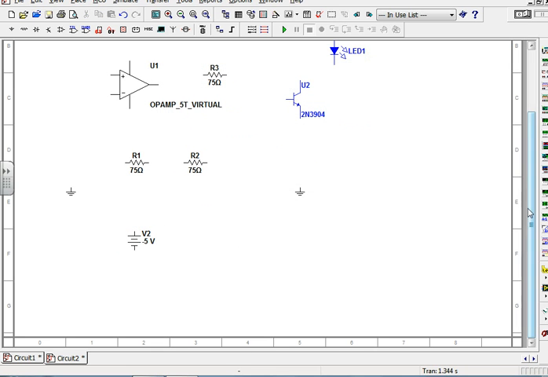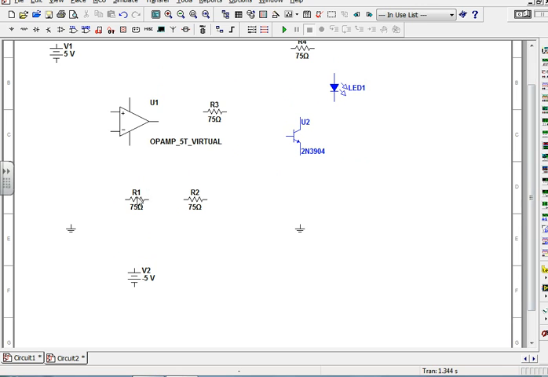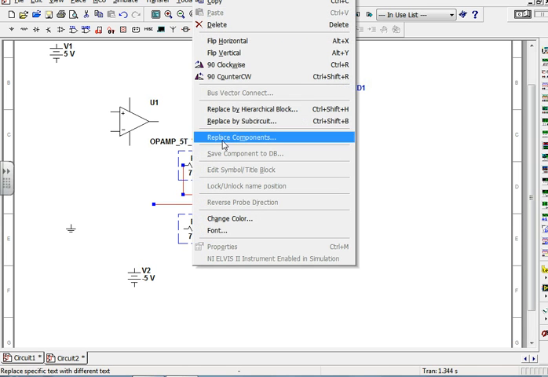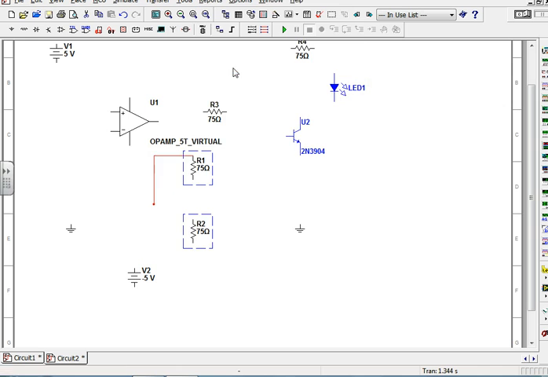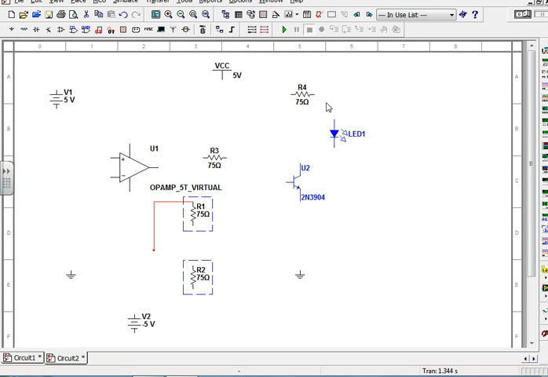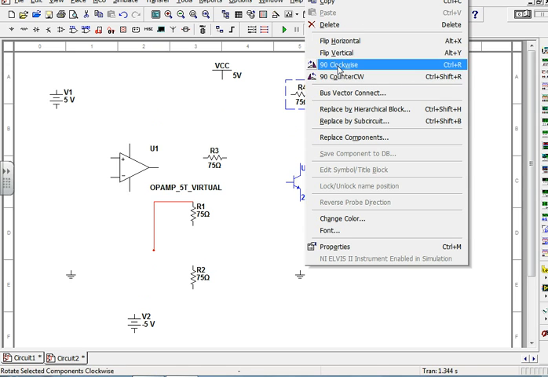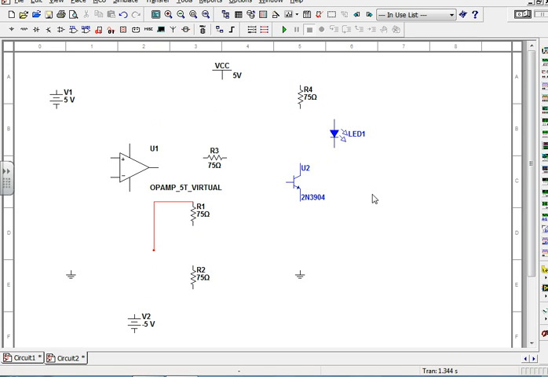All right. And I'm going to put these two guys over here. Do a rotate on them. We'll rotate that guy.